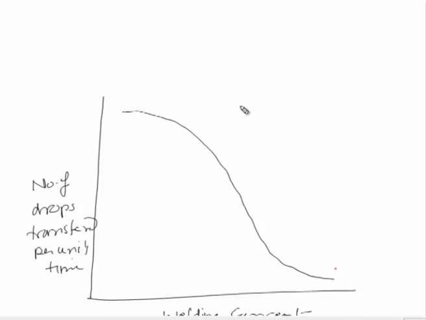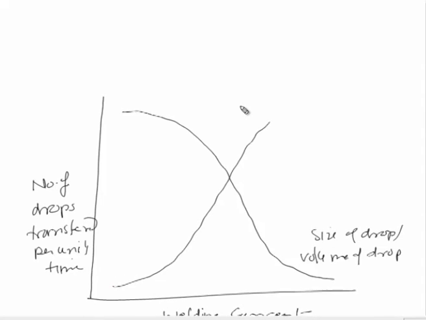So, when the welding current is very low, we can see one characteristic goes like this, which is the volume of the drop, that is, the size of the drop, and the other characteristic goes like this, where we have the number of drops transferred per unit time.